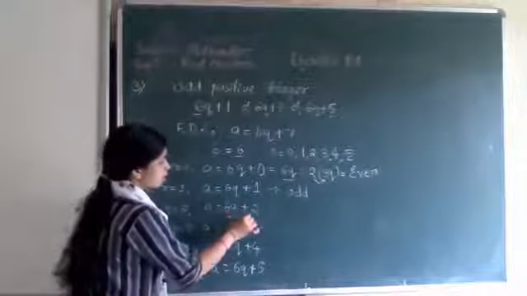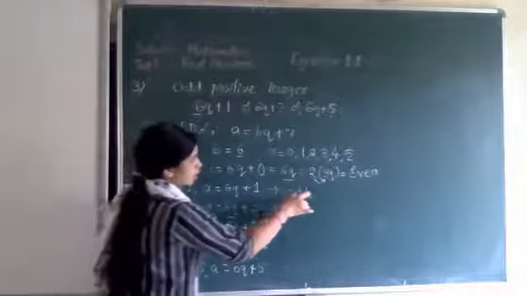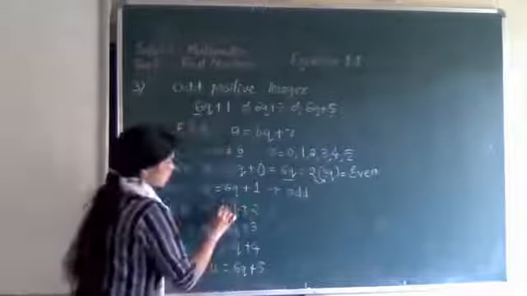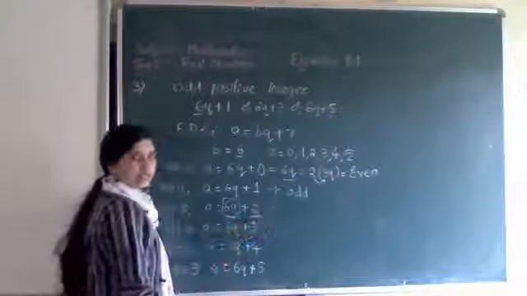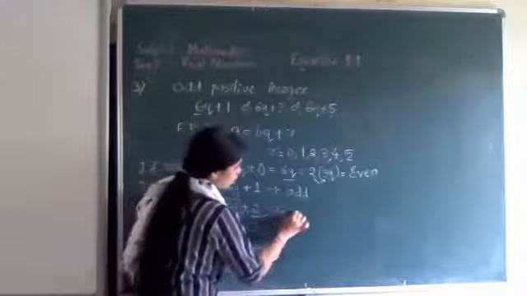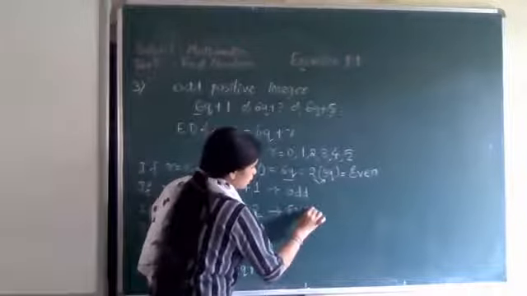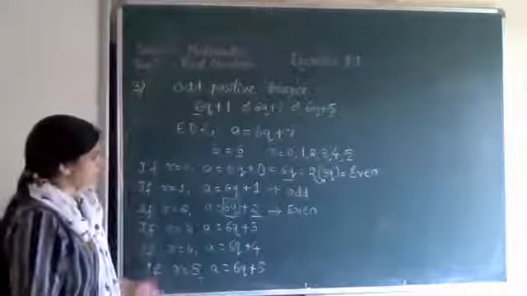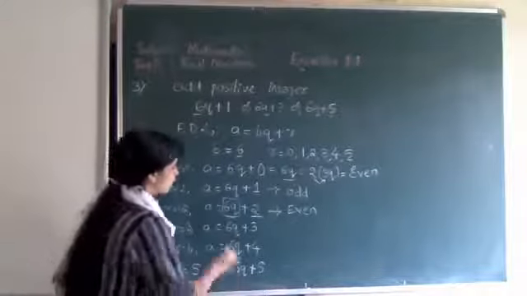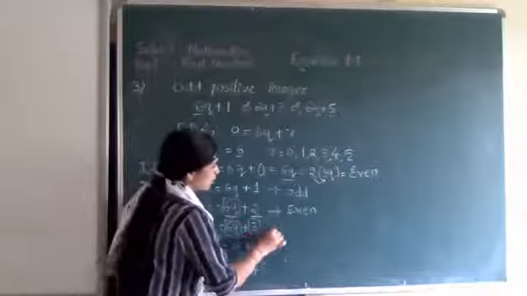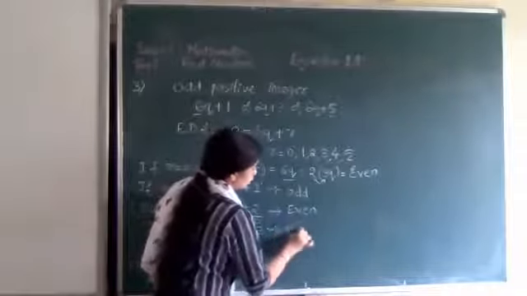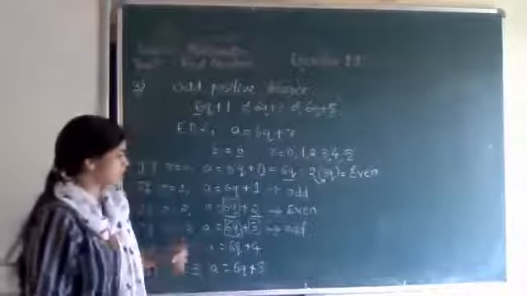Here 6q we already know is even. Then what do we get? An even positive integer. 6q plus 3: here 6q is even and 3 is odd, then we will get an odd positive integer.